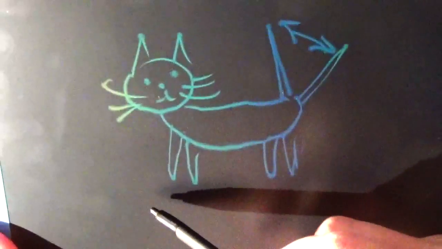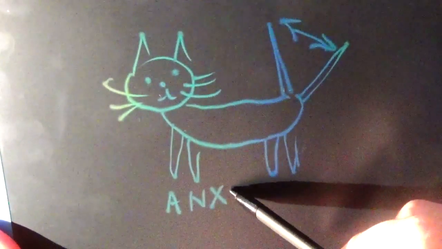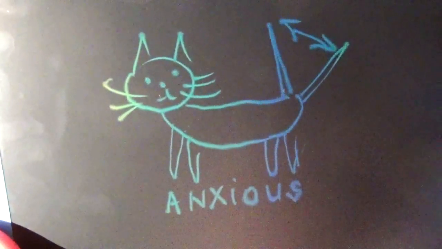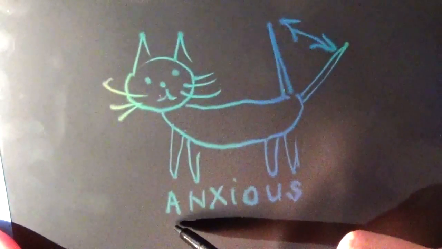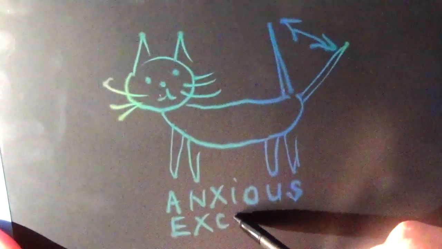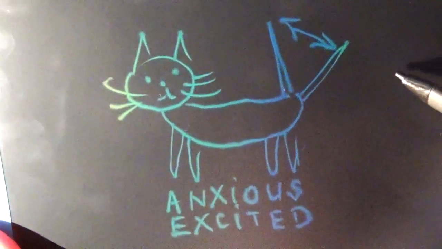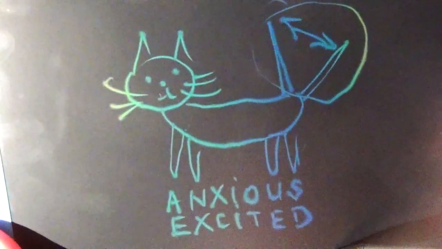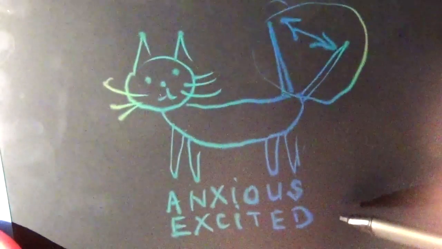That can mean either that the cat is anxious or that the cat is excited. So the twitching of the tail indicates either that he or she is anxious or excited.